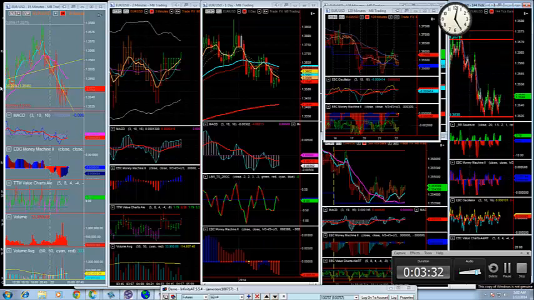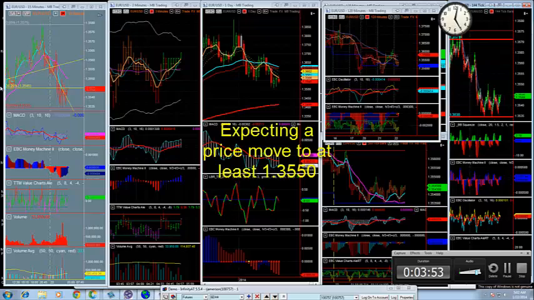I forget what commissions cost. So hopefully this will resolve, and these bars should at least move up to 135.50.